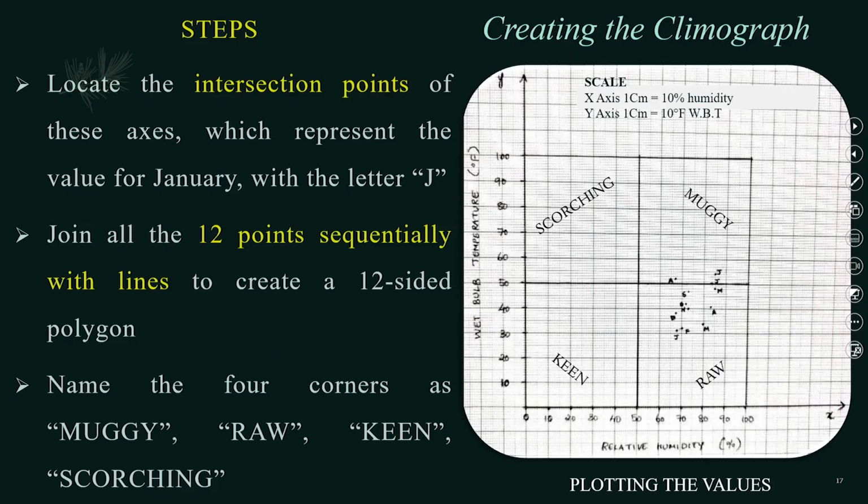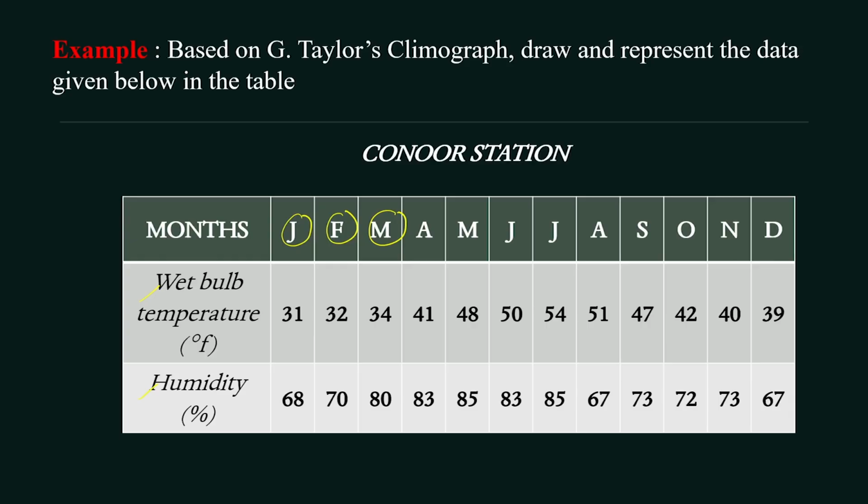We will try to plot these values into the graph. For example, wet bulb temperature shows 31 degrees Fahrenheit and humidity shows 68%. Now we are going to plot this value in the graph.